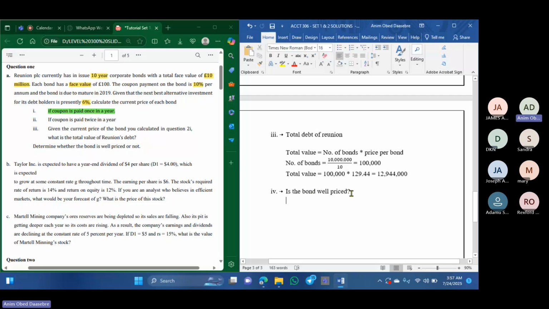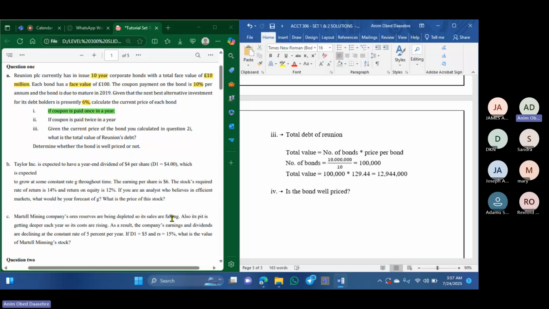In bond pricing, we can have premium price, normal price, and discount price.